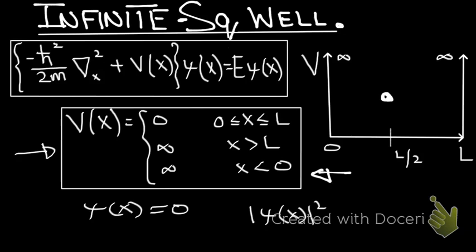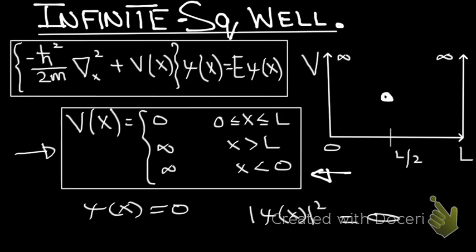Outside the well or box it's going to be 0 because the potential is so high that the electron cannot escape, and that implies you cannot find the electron outside this well. However, inside the well where V is 0, you will have a non-zero wave function.